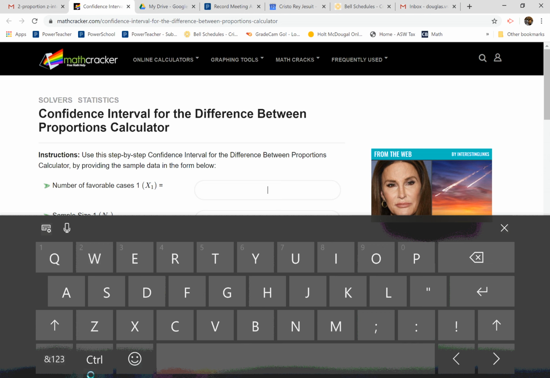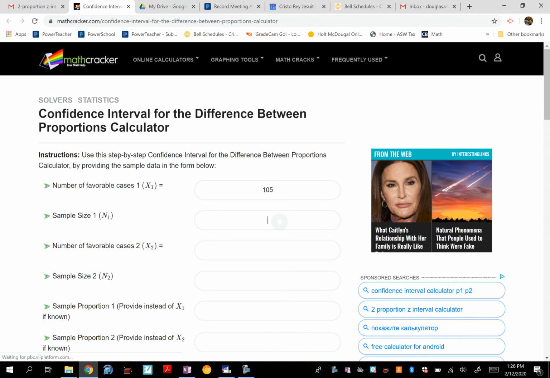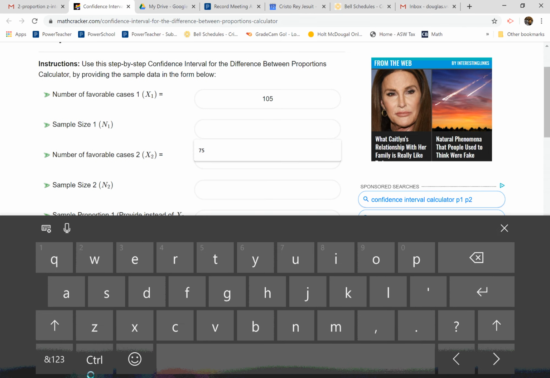So to find this, we have to multiply 0.84 times how many nurses they asked in the day shift, 125. So let's see how many that is. 105 exactly. So I'm going to type in 105. How many nurses did they ask in the day shift? 125. Everybody good so far? Am I going too fast? I can slow down. No, okay.